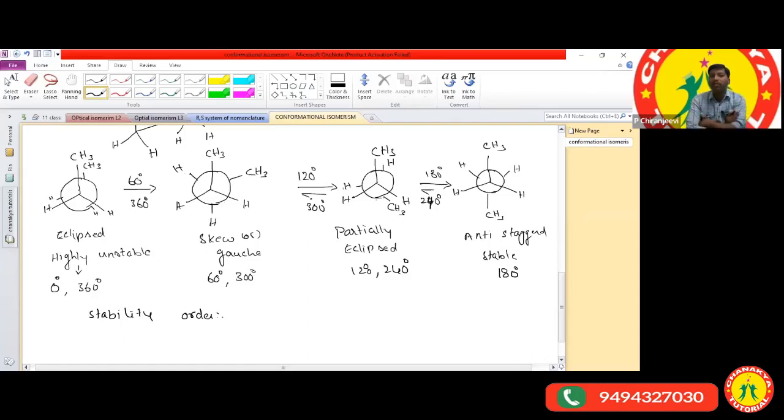You have already seen the rotations and I explained clearly. Which one is more stable: eclipsed form, skew or gauche form, partially eclipsed or anti-staggered?